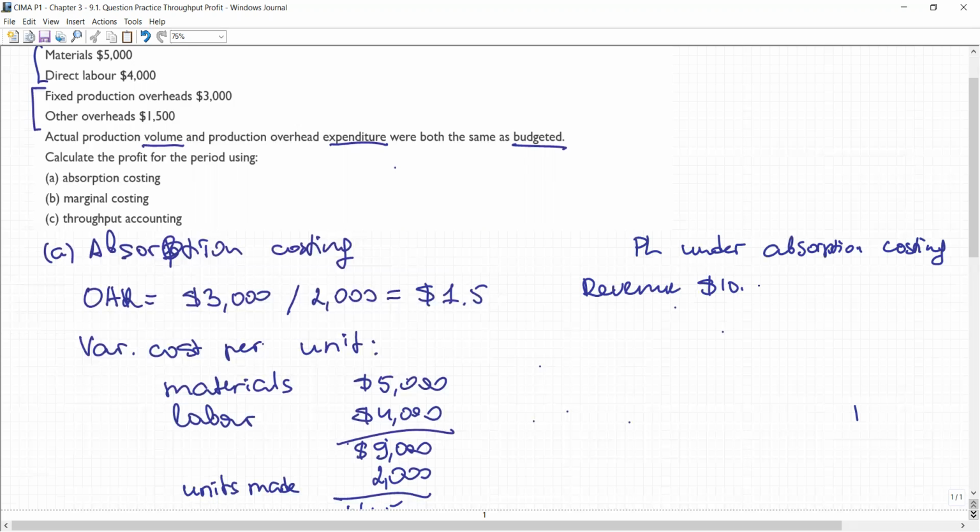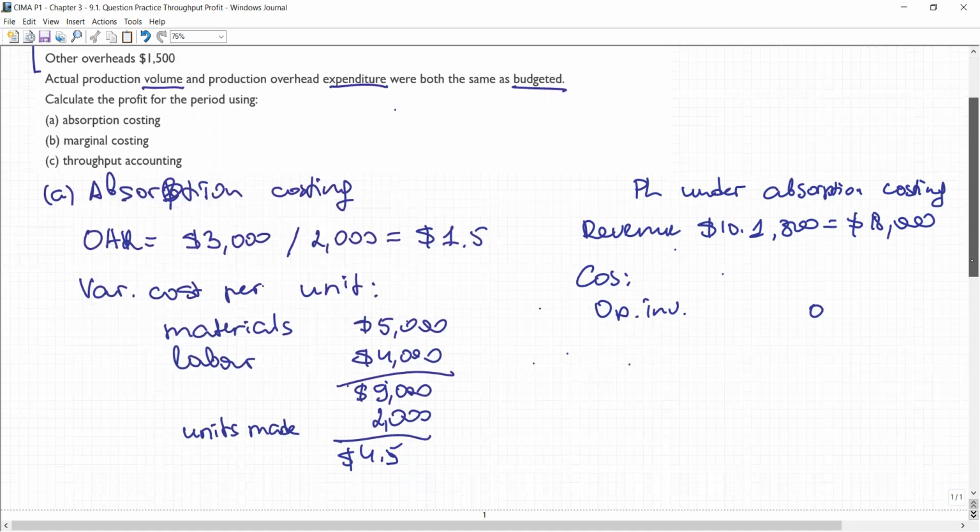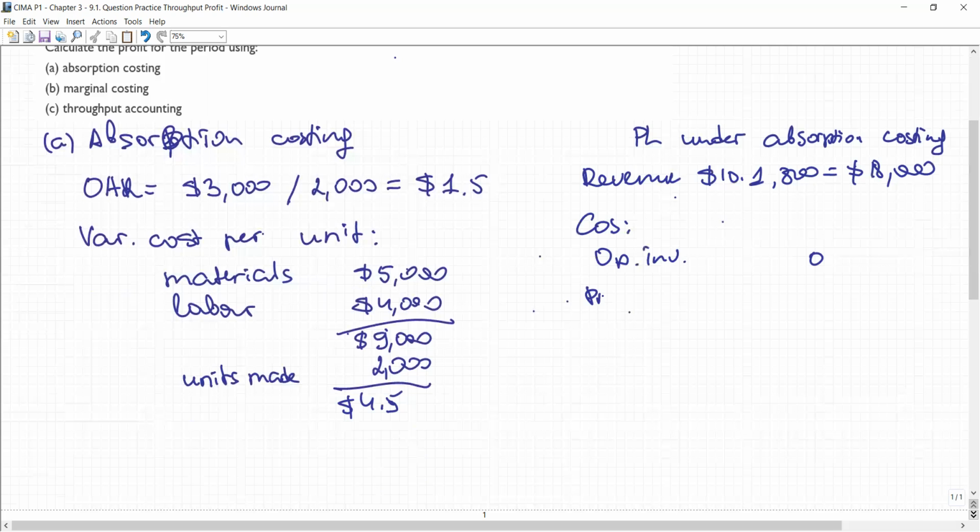So it's 10 multiplied by the actual sales of 1,800, which gives us 18,000. Now when we calculate cost of sales, we start with opening inventory. And if we're not told anything about opening inventory, then it is 0. To that, we will add production cost.